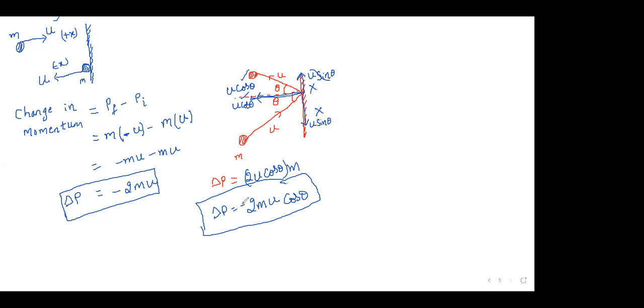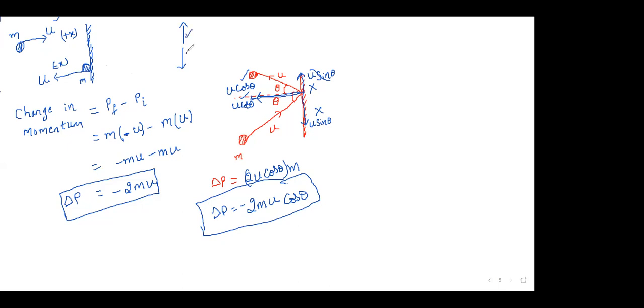Sir, can you tell me how u sin theta and u sin theta got cancelled? One u sin theta is acting along the positive y-axis, isn't it? Yes, sir. The other u sin theta is acting in the negative y-axis. So if one force is acting in the upward direction and another force is acting in the downward direction, what will be the resultant? 0.